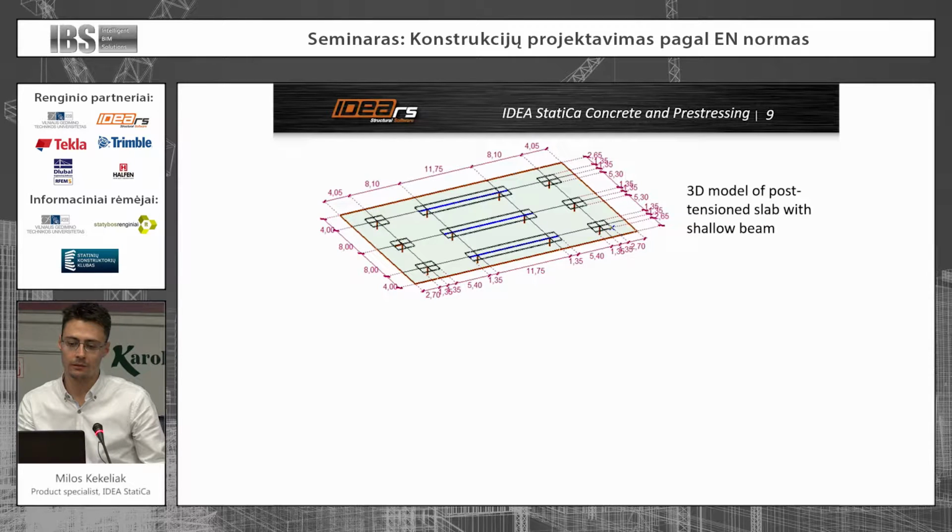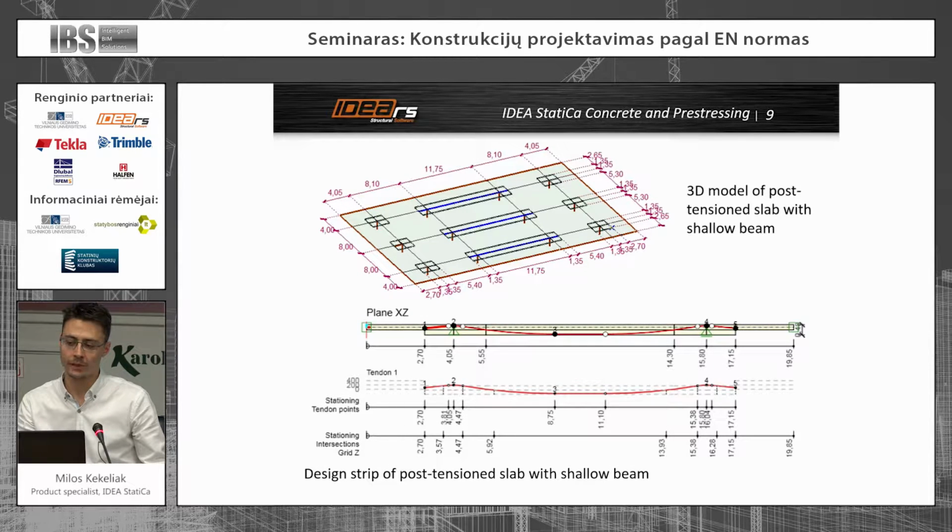Here's the example of a post-tensioned slab that was modeled in the software AxisVM, and subsequently the model or the design strip with shallow beam was exported into the StatiCa beam module for pre-stressing, and in this module the pre-stressing tendon was designed and analyzed and checked.